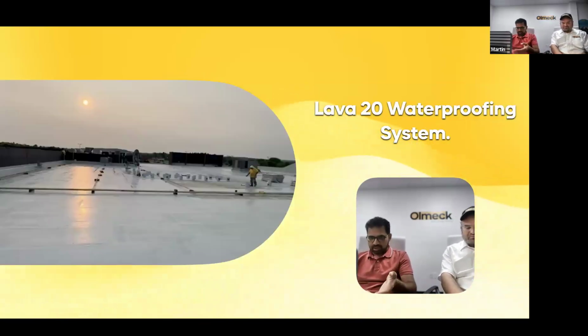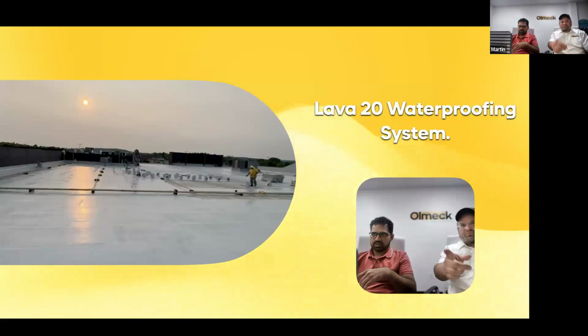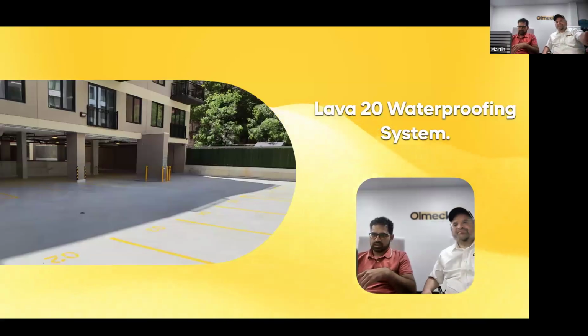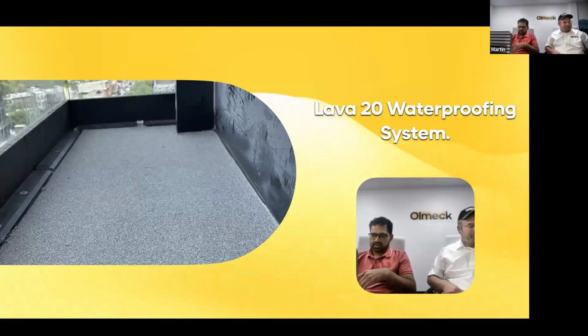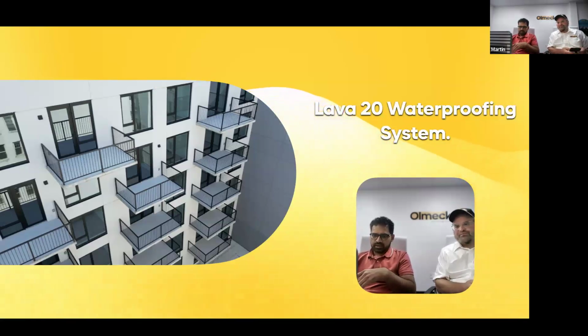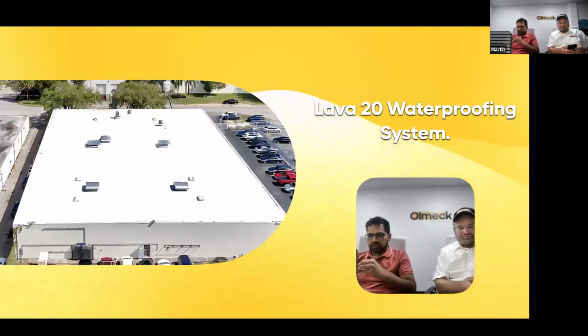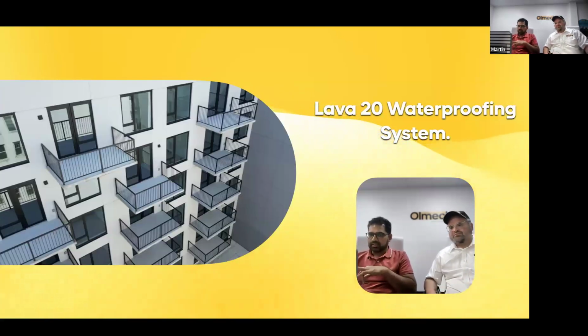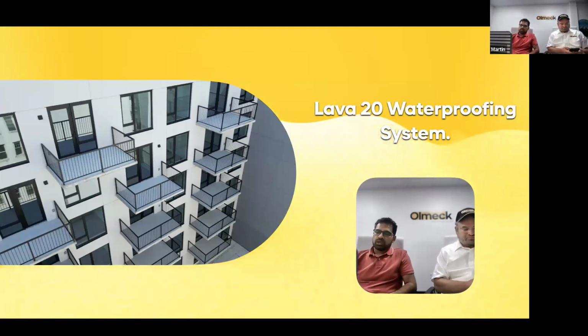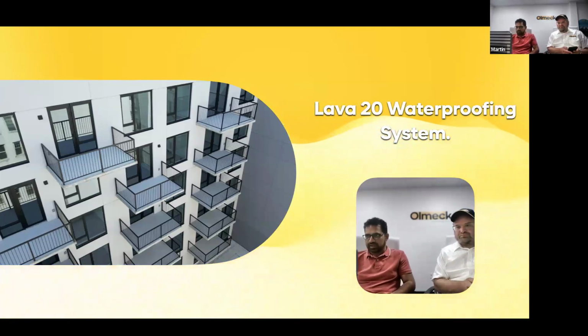As you could see in the projects, the vertical, do we have any vertical system out there? We should have. Okay, so the vertical system will be for the parapet wall, generally speaking, and go from there.